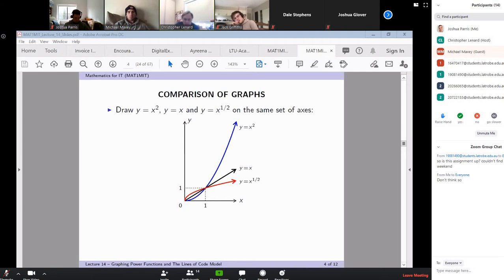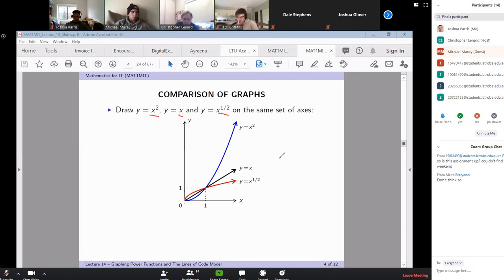And you notice that when the input x equals 0, then x squared is 0, x is 0, and x to the half is 0. So that's what's happening just there. On the other hand, when x equals 1 as an input, then the output for all three is 1: 1 squared is 1, 1 equals 1, and 1 to the half is also equal to 1.